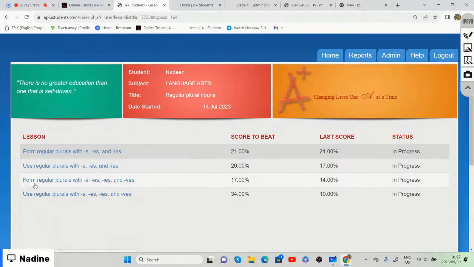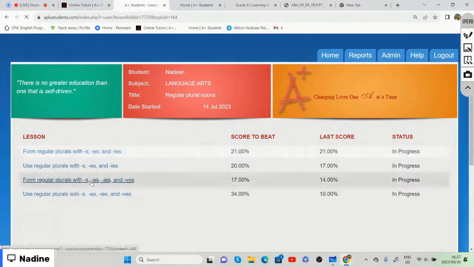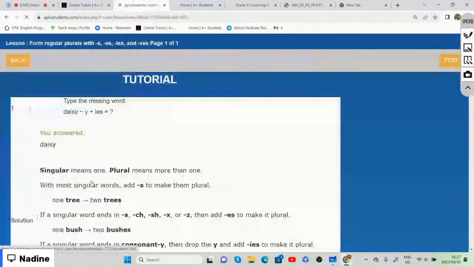All right, if we go to the next one, where it says form irregular plurals with s, es, ies, and ves, we're now going to form regular plurals by adding the words together.